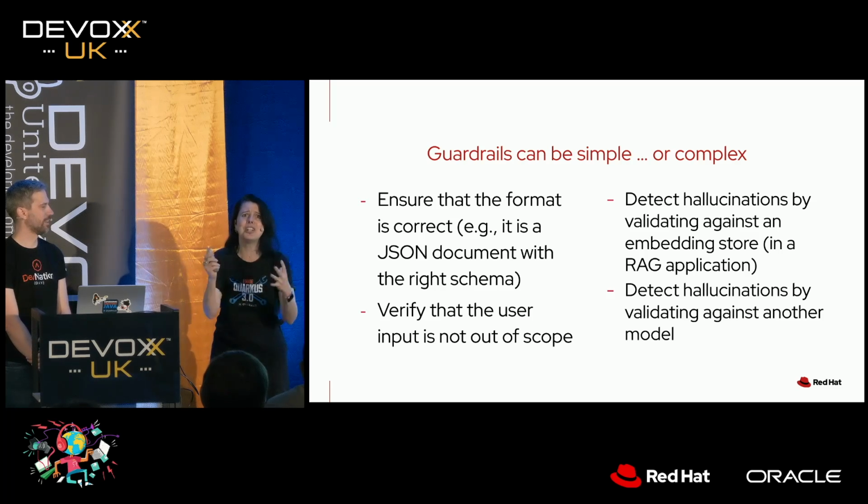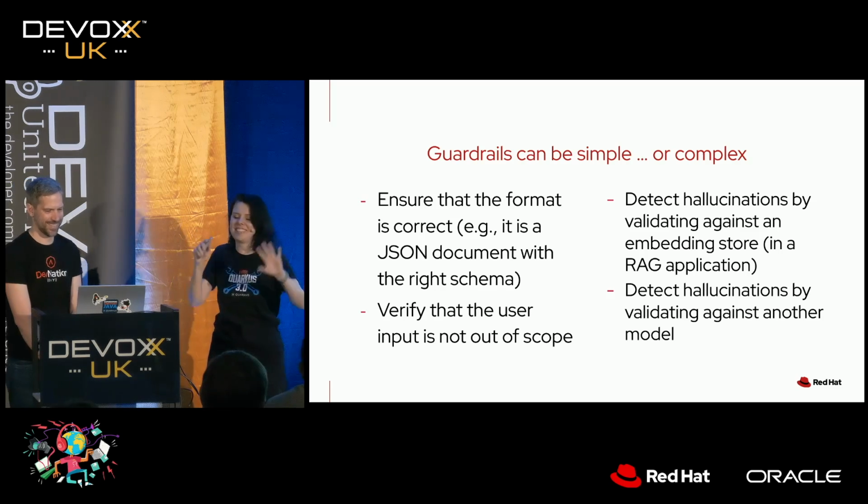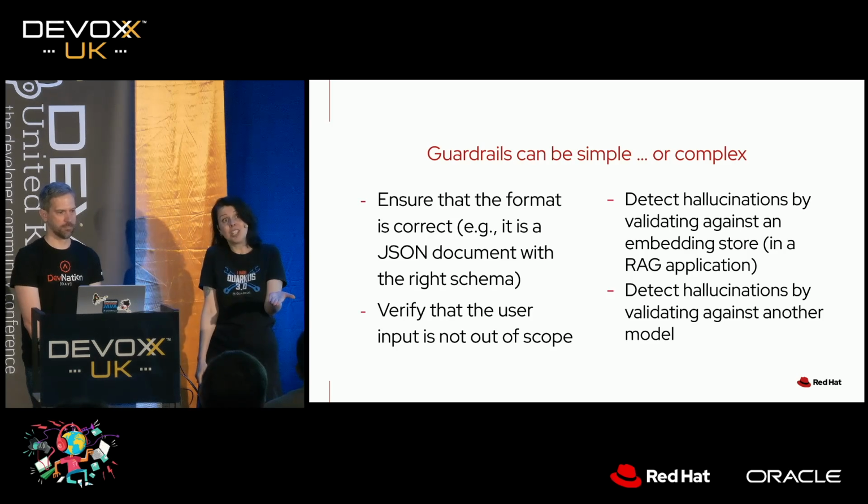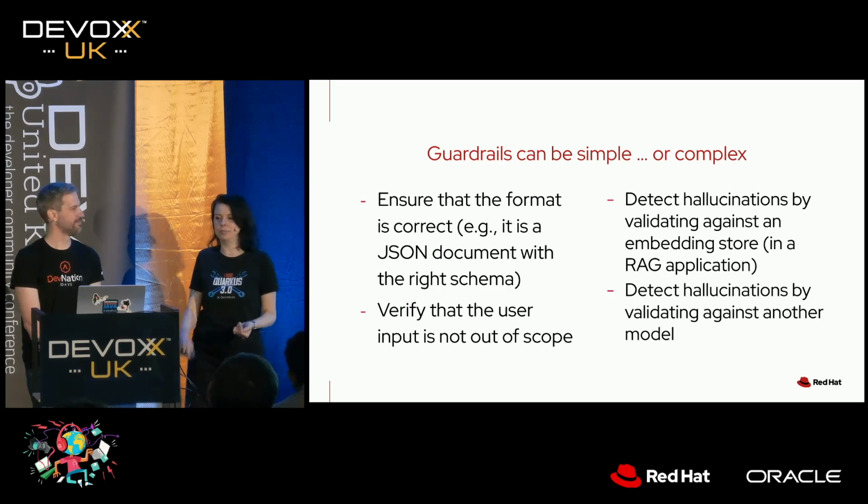Here's the JSON. You go, no, I wanted it. So you can just do that check to say, does it start with a curly brace? If not, just try again. And so the guardrail can trigger a reprompt. And hallucinations is, of course, a major concern with models. Guardrails are a really effective way of detecting that hallucination.